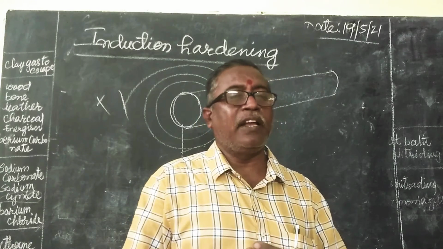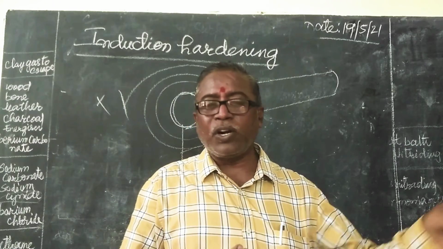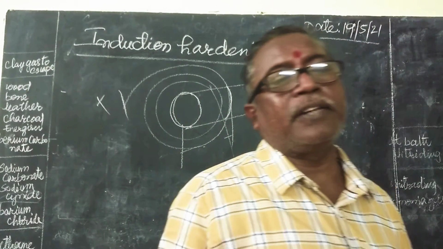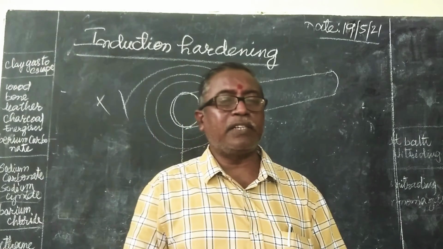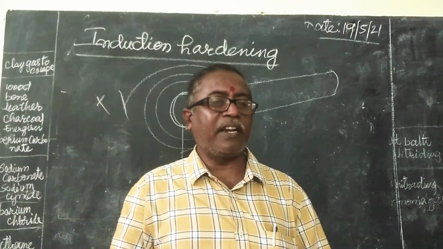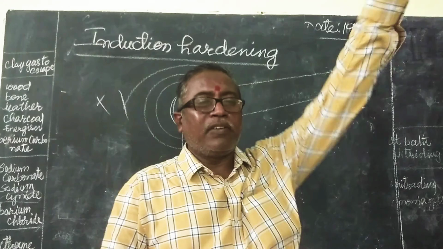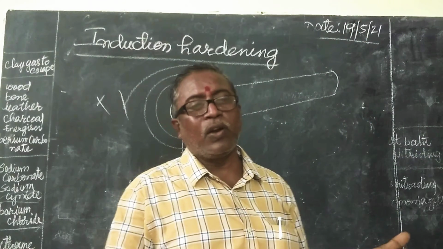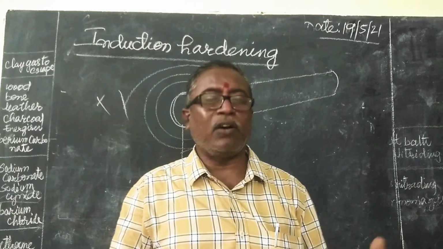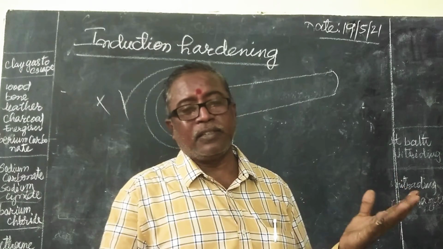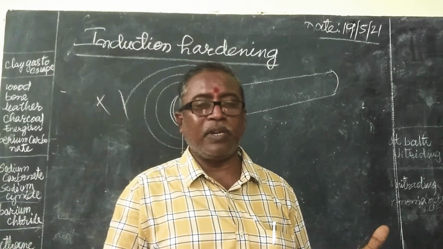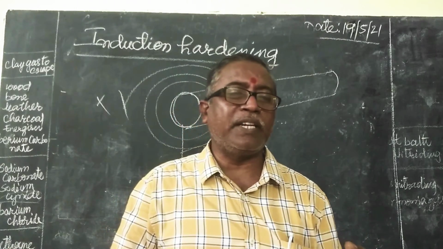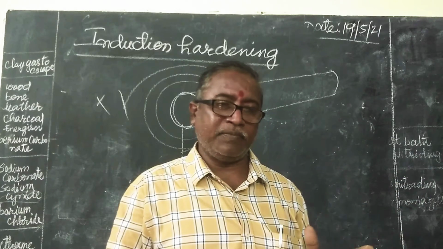After heating the metal to whatever temperature we require, after the piece gets red heat, it can be quenched in oil or water, brine solution, whatever quenching media it may be. Then the piece will get hard, that is flame hardening.